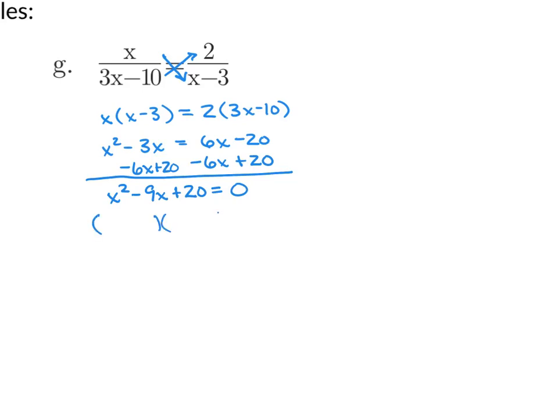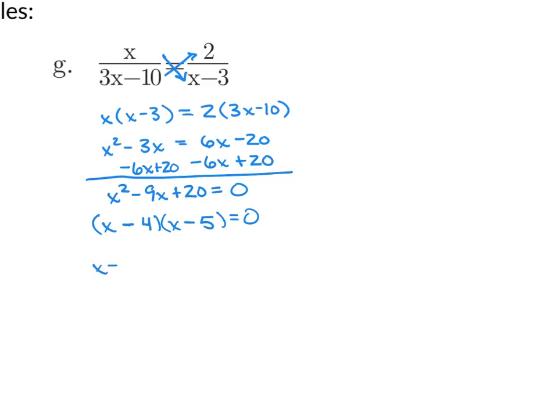I can go ahead and factor this. X squared is x and x. Things that multiply to 20 and combine to 9 are 4 and 5. We are multiplying to a positive 20, which means same signs. We are combining to a negative 9. Both will be negative.